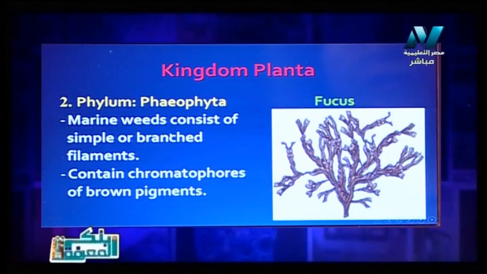So as you see here, when we study a new phylum, we go up in complexity and towards development. In each phylum, we can find organisms more developed than the previous ones. So they are branched filaments and contain chromatophores containing brown pigments, as you see in this picture. And the example here is called Fucus.